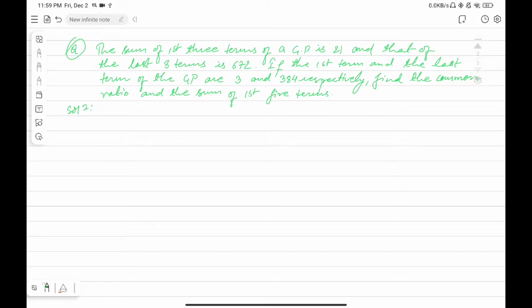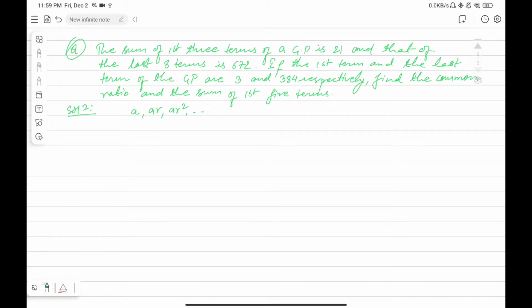Before going into the problem, let's understand what a GP is. If any three numbers are in geometric progression, let's suppose the first term is A. Then the next one will be AR and another one will be AR square, and so on.